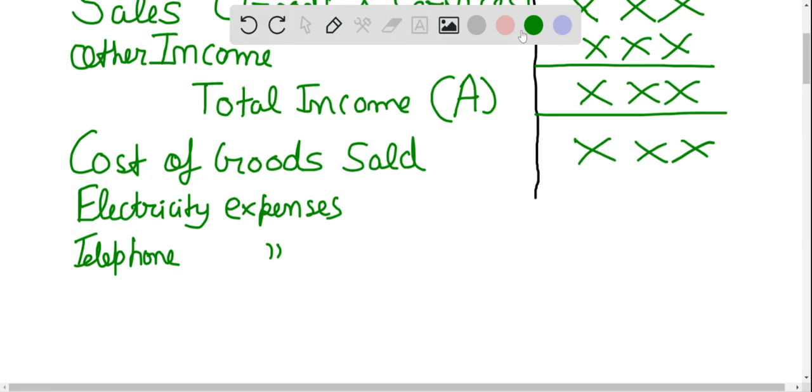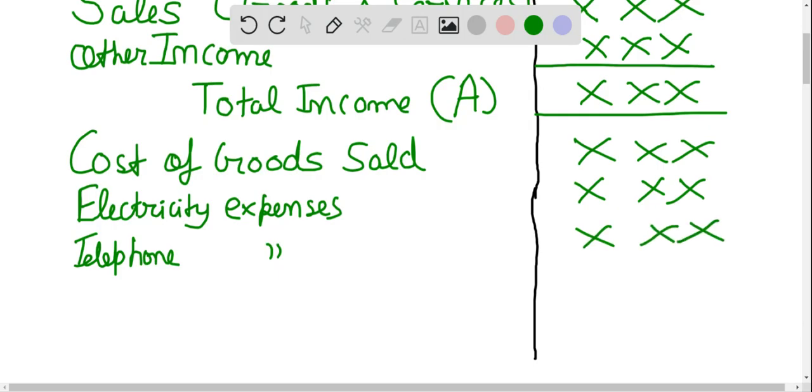So I will take a black pen and extend this line. So we have telephone expenses, electricity expenses, followed by that we will have cartridge, which we use in a printer. There are a lot of expenses.